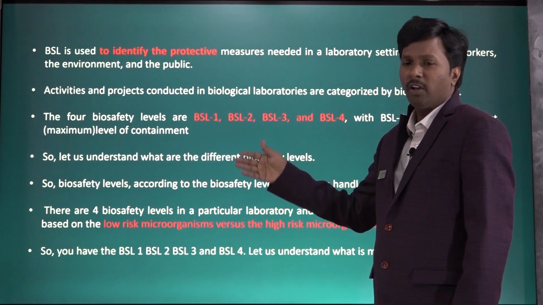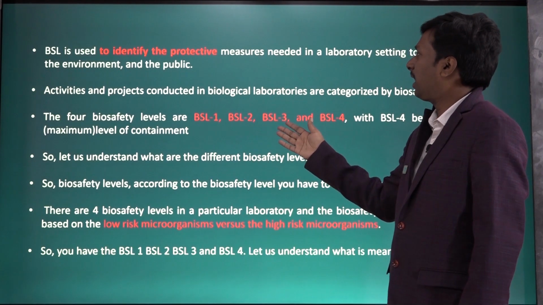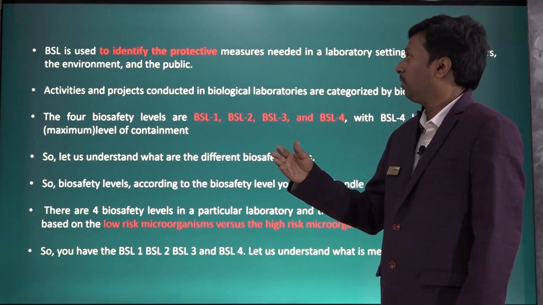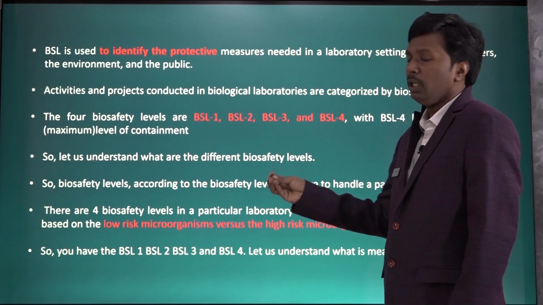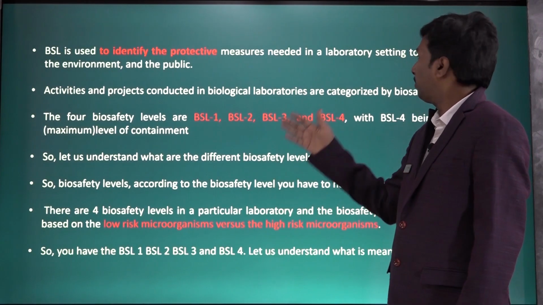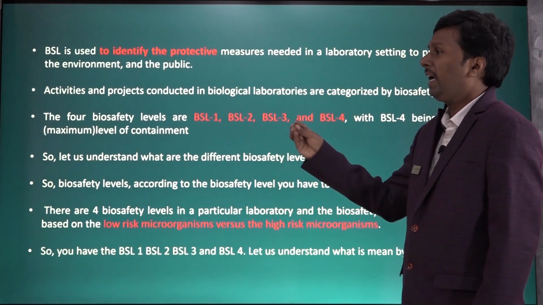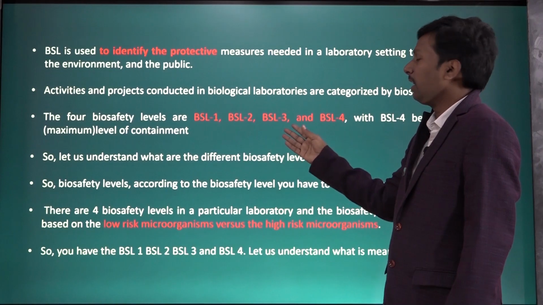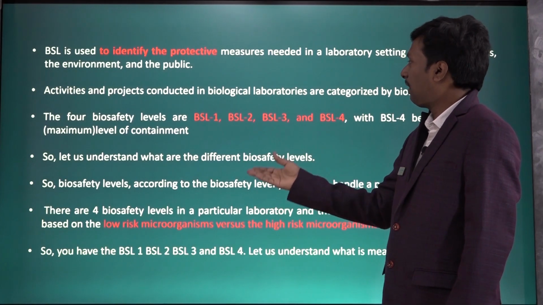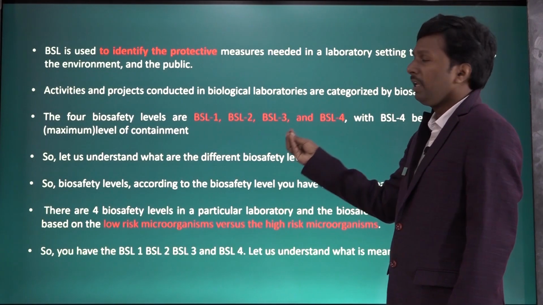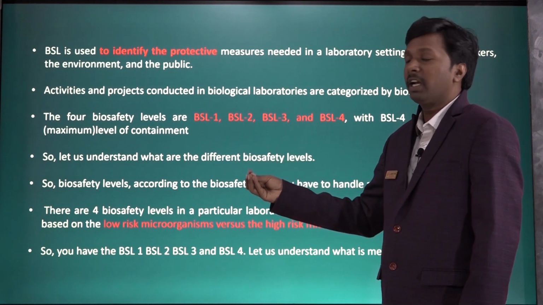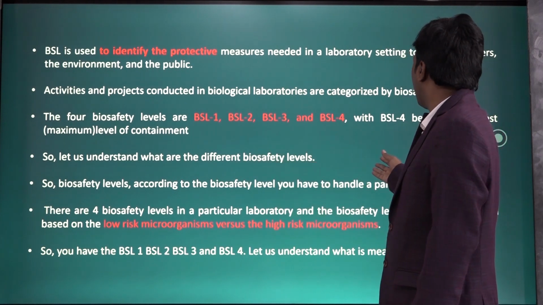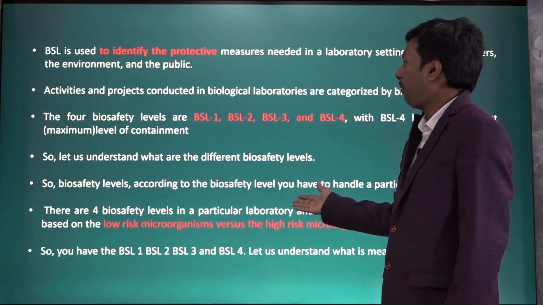Whatever activities, projects or different works we do in the biological laboratory are characterized by biosafety levels. As I mentioned, biosafety levels are of 4 types: BSL 1, 2, 3 and 4. BSL 1 is for the lowest risk microorganisms and BSL 4 is the highest, maximum level of containment.